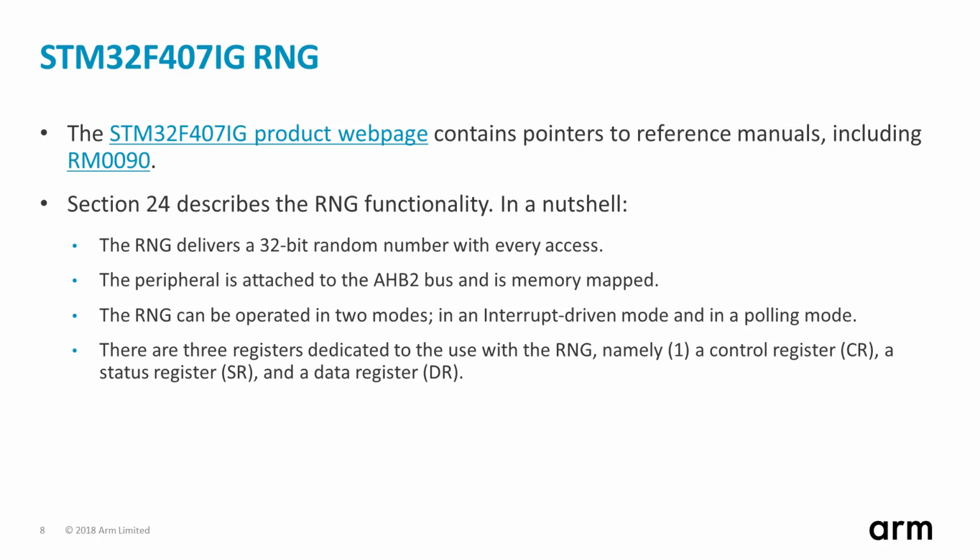The RNG on this MCU can operate in two modes, in an interrupt-driven mode and in a polling mode. We are using the polling mode. You can easily modify the example to work in the interrupt mode as well. And probably most importantly, there are three registers dedicated to the use of the RNG. There's a control register, CR, a status register, SR, and a data register.